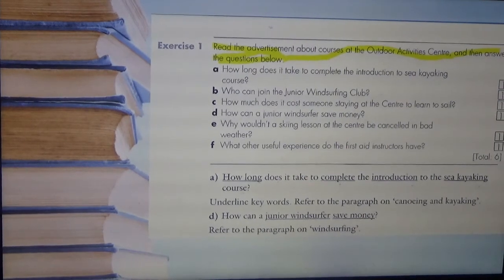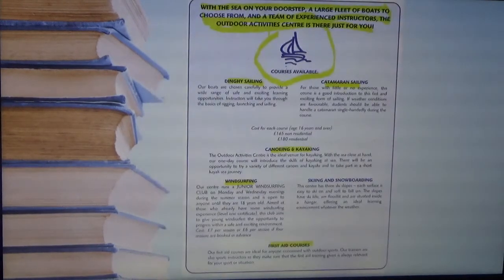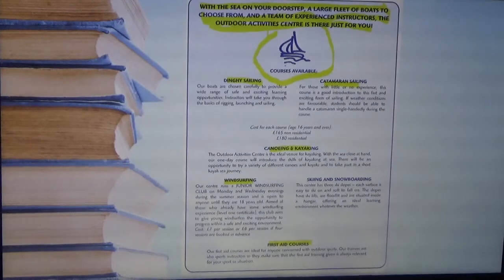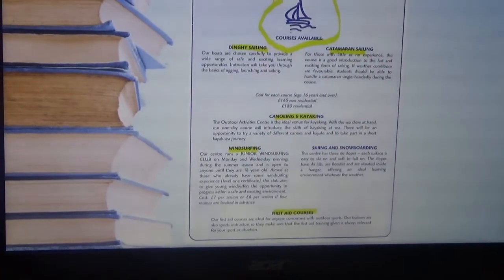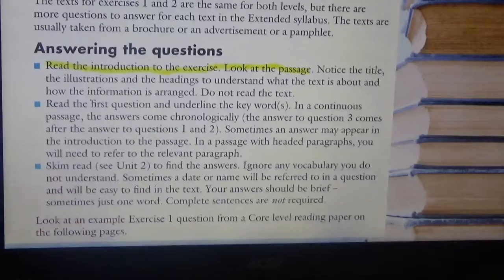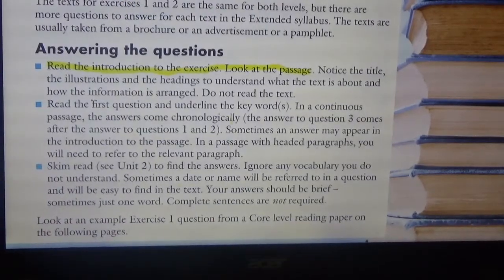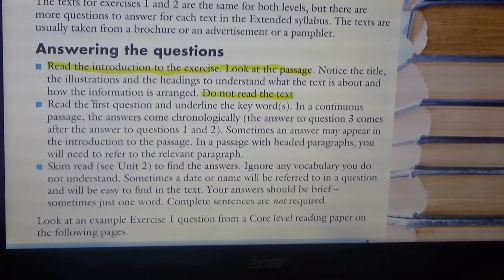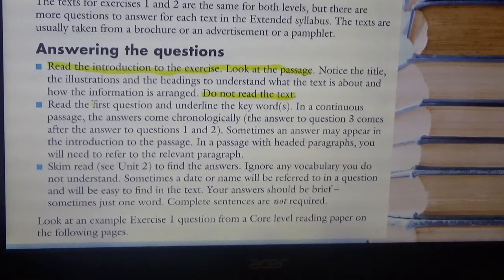So let's try to see the passage. What did we do? We highlighted. We will try to see the title, the illustration, and the headings. All right. So let's try to go to the next thing to do. It says here, do not read the text. Read the first question and underline the keywords.